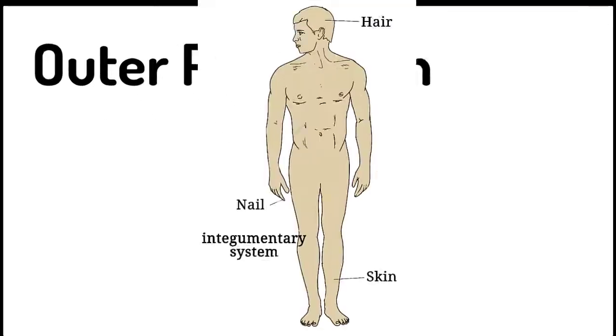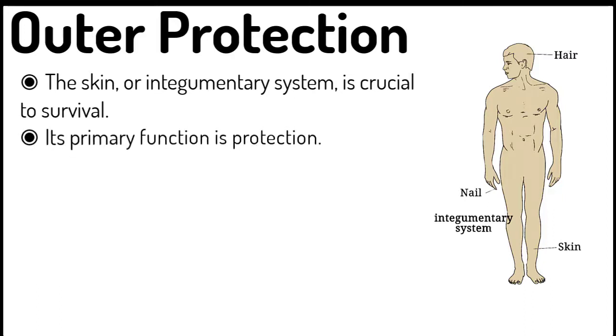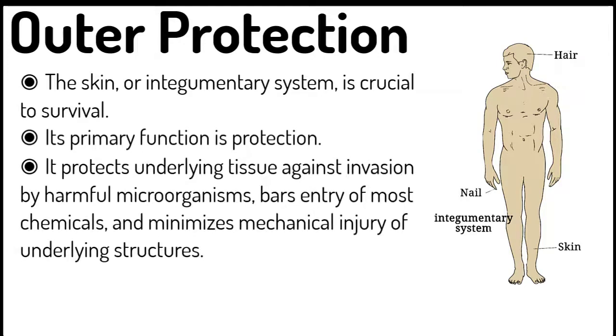Outer protection. The skin or integumentary system is crucial to survival. Its primary function is protection. It protects underlying tissue against invasion by harmful microorganisms, bars entry of most chemicals, and minimizes mechanical injury of underlying structures.